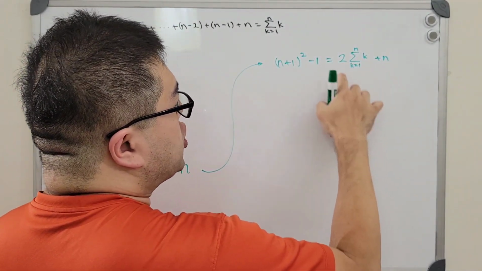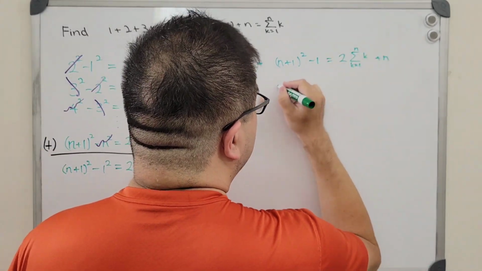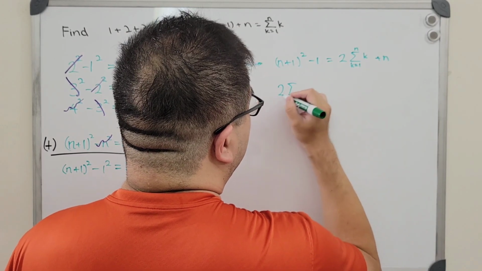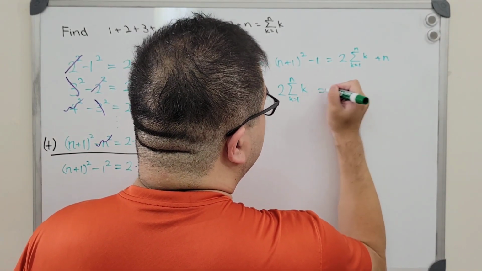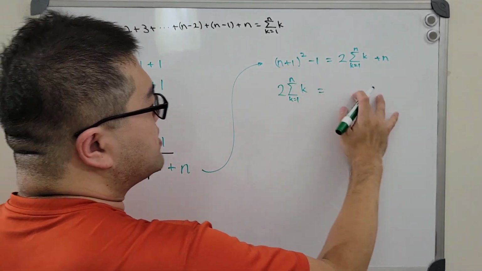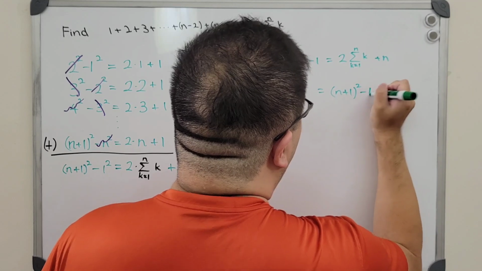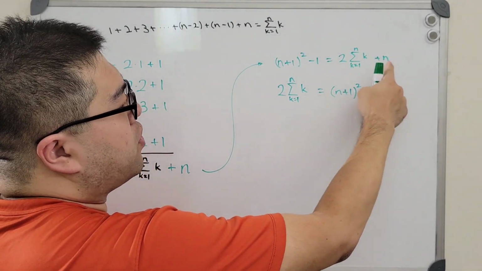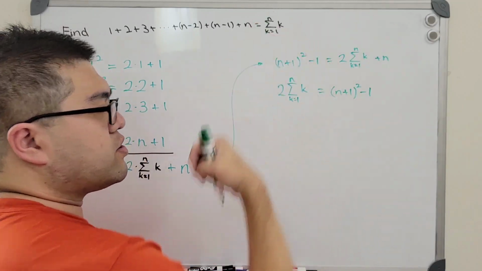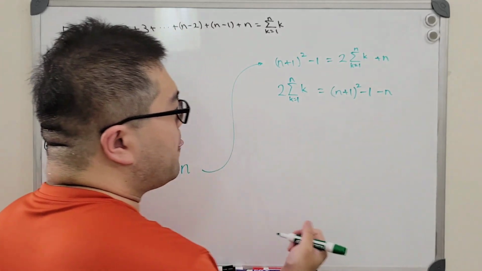And since we're trying to find out the closed form of the summation here, we actually get 2 times the summation is equal to everything on the left hand side is now moved to the right hand side, or copied to the right hand side. And then for the plus n on the original right hand side, we'll subtract it to the left hand side and put it back to get minus n.